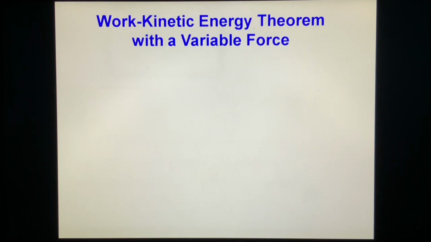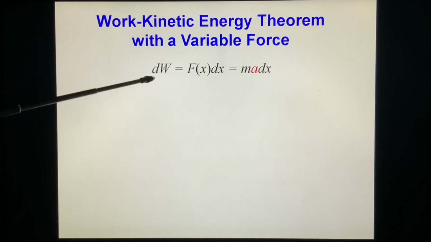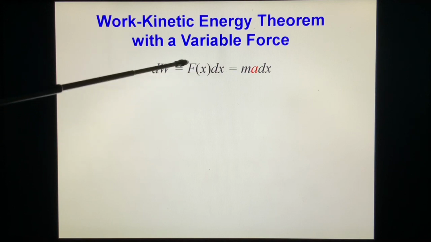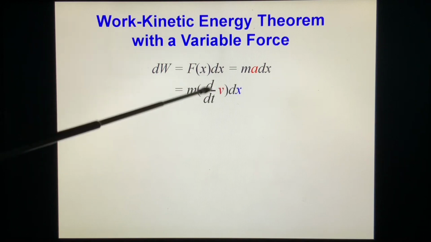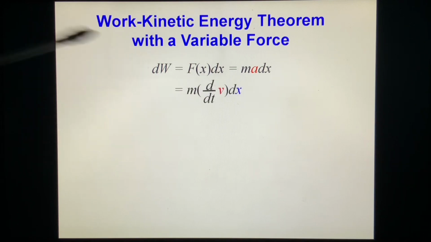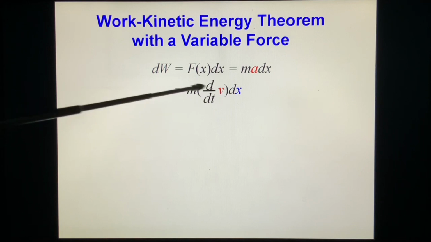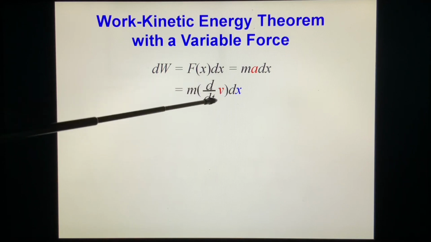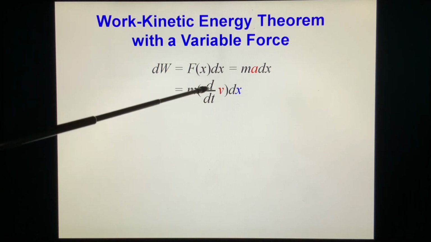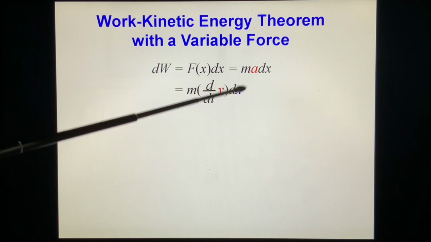Work-kinetic energy theorem with a variable force. Starting again from a very small dW, we see F(x) equals ma. What is a? a is dv/dt. We know this differentiation, we can separate the denominator and the numerator, so we change dv with dx.